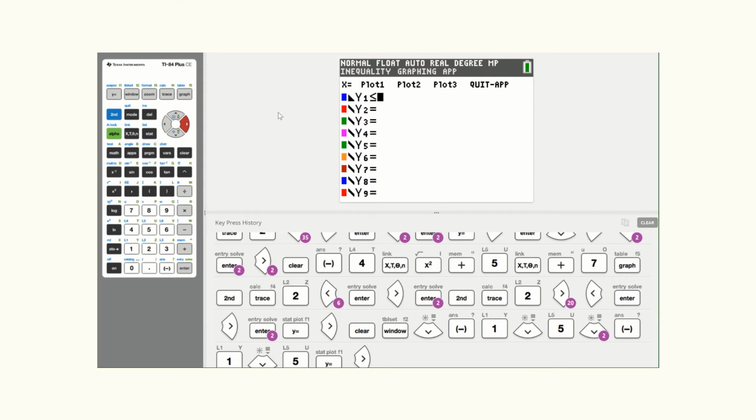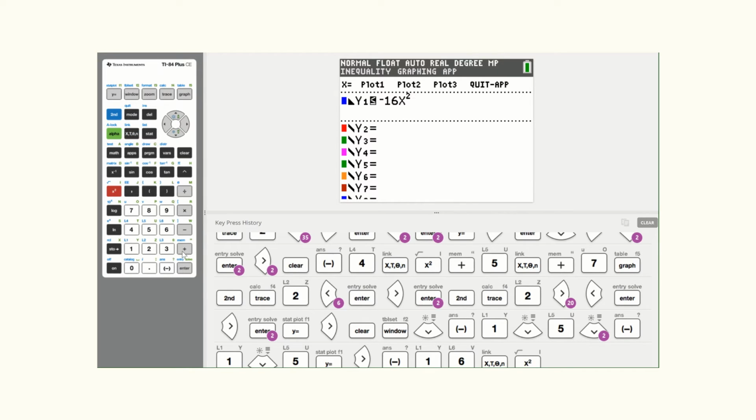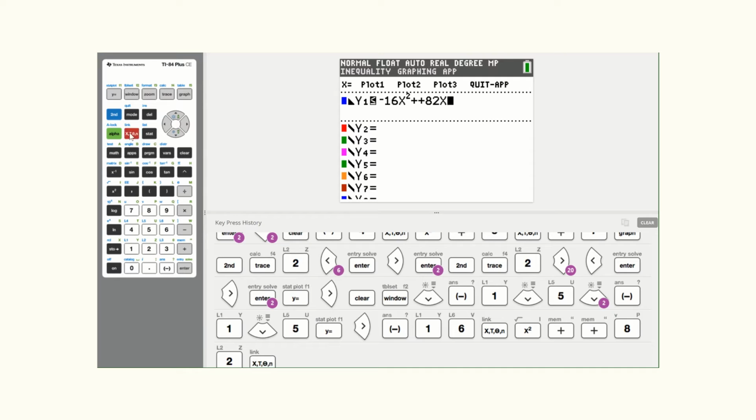All right, here I am. So we've got y is less than or equal to, that's what I want. And then I'm going to input the function, negative 16, and I'm going to use x instead of t, x squared plus 82x. Again, I'm substituting x for t.